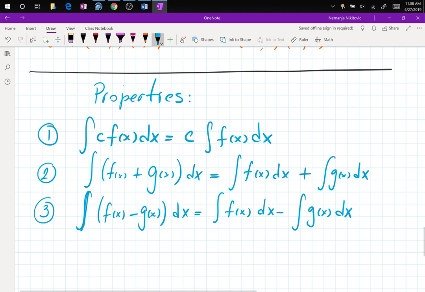But what you cannot see in Calc 1 are the problems that you cannot solve, which is like x times sine x. You can't solve that in Calc 1. It's a product, but you can't FOIL. The only technique that you guys have in Calc 1 is foiling.